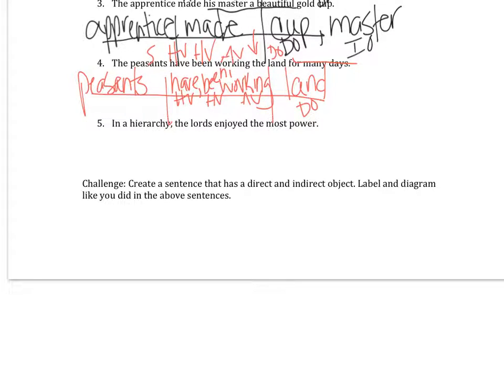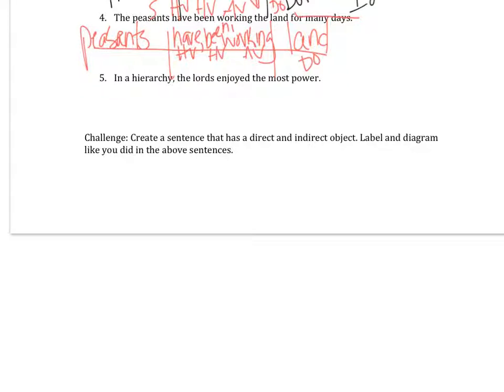Okay, in the hierarchy, prepositional phrase, the lords enjoyed the most power. My verb, yep, you're right, enjoyed. It's an action verb. Why do you think I keep having so many action verbs in these sentences?